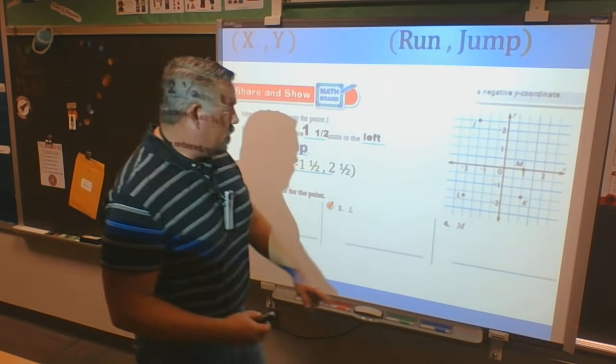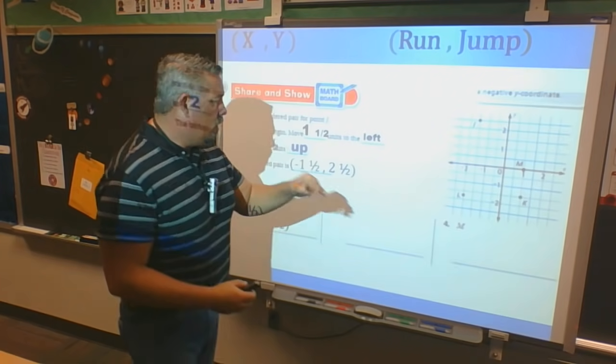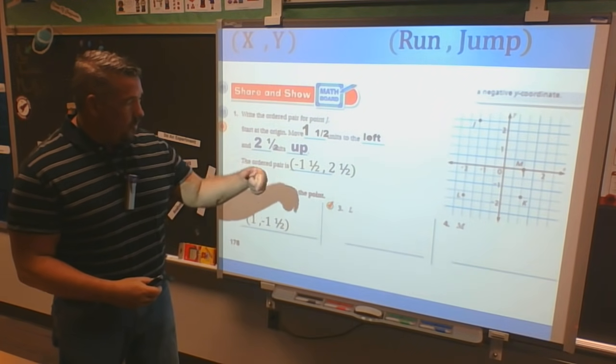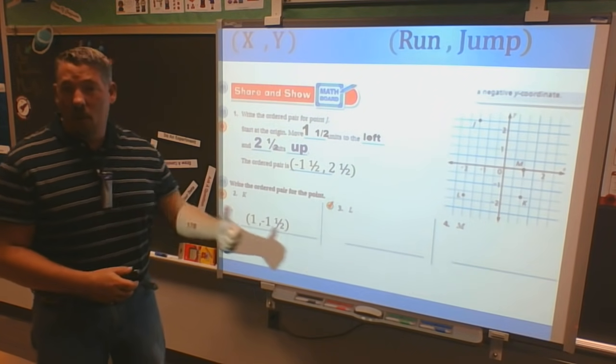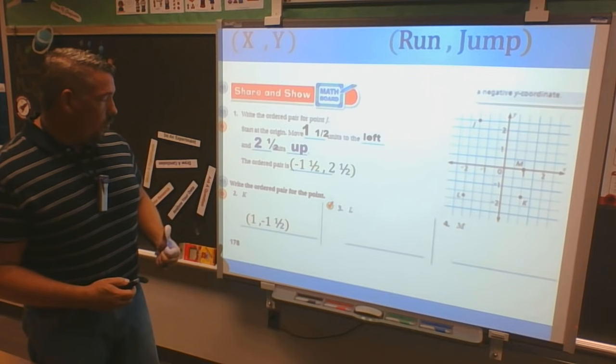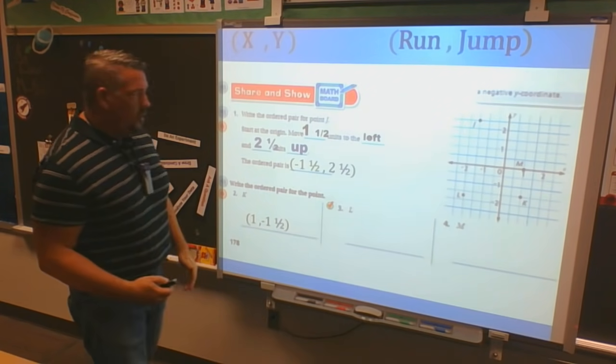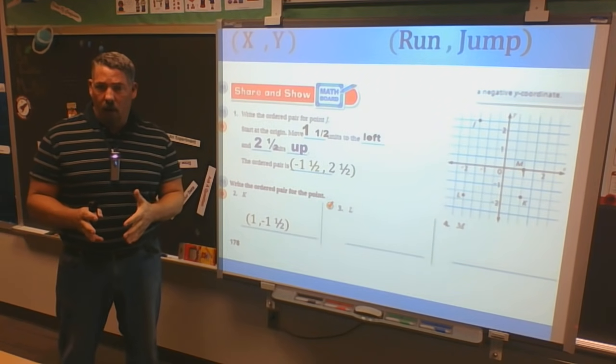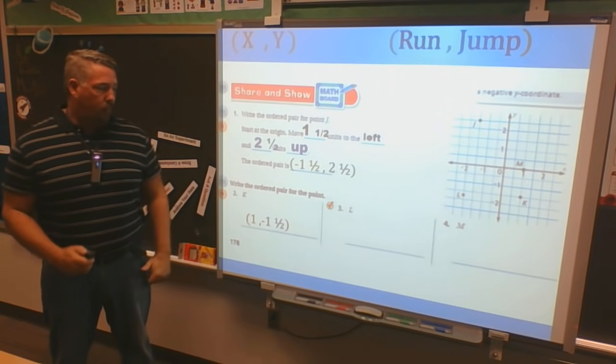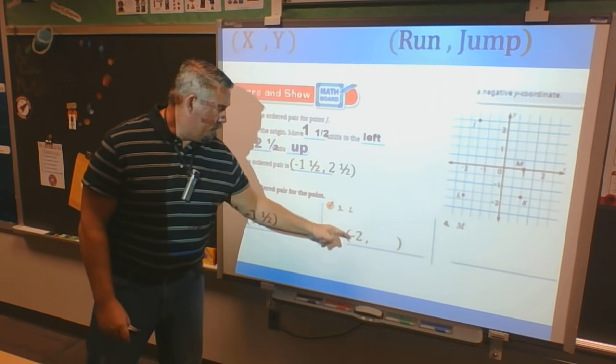L. Let's see. L's down here, quadrant 3, because it's negative, followed by a negative. So I know I'm running backwards. What am I running backwards to? I'm running backwards to a -2. So my first number in my ordered pair, once again, I have to have parentheses and a comma, is -2.